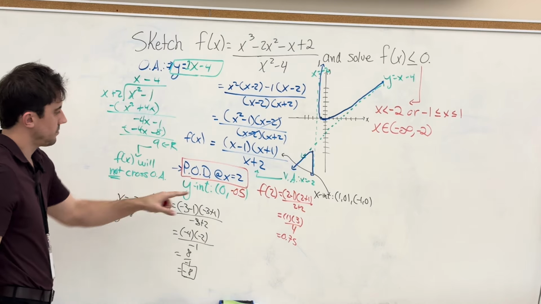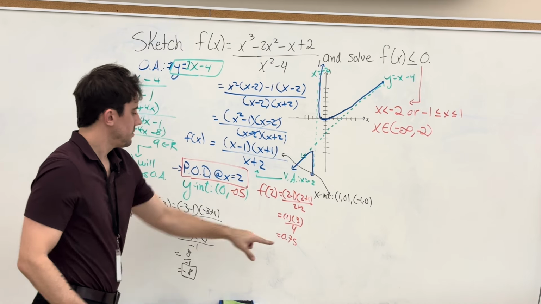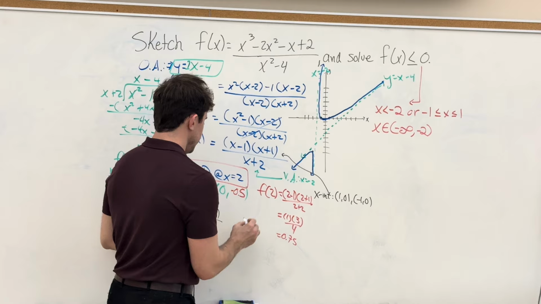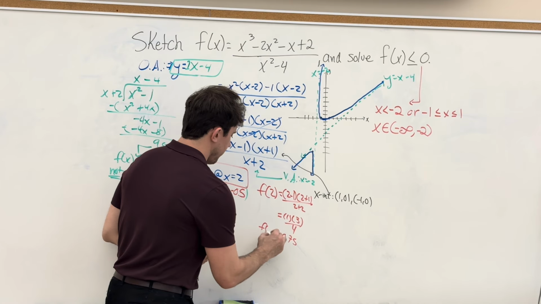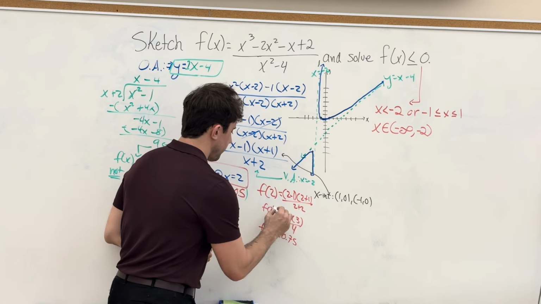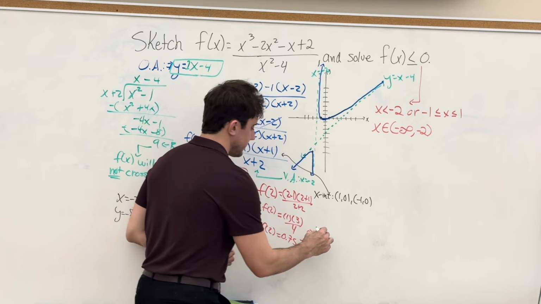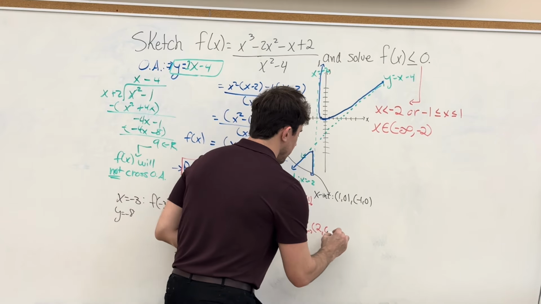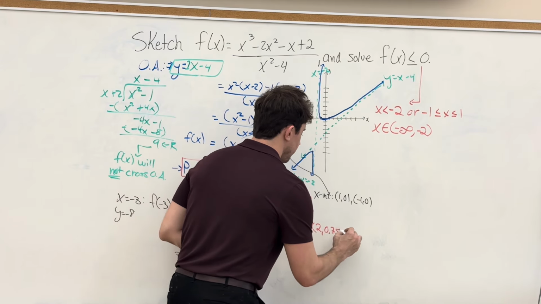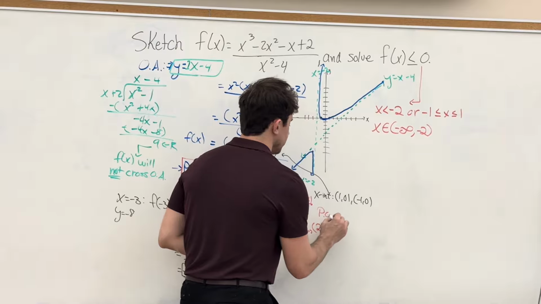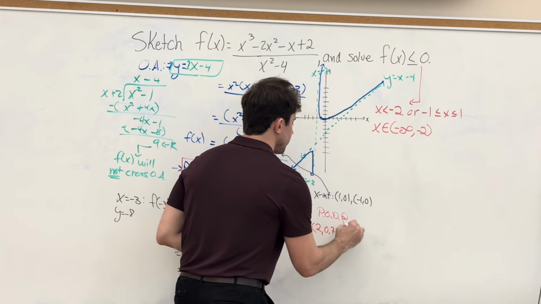Does that look right when x is 2? Y is 0.75, so P.O.D. at f of 2, which means we have a point at 2, 0.75. That's our point of discontinuity, right?